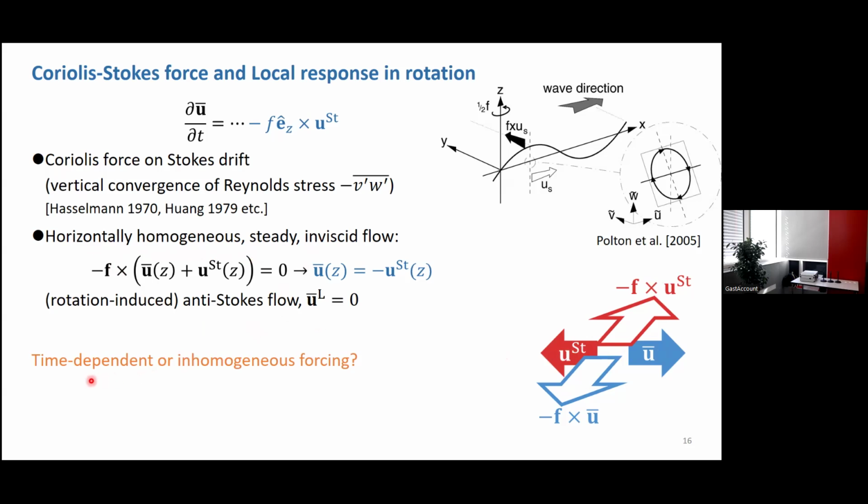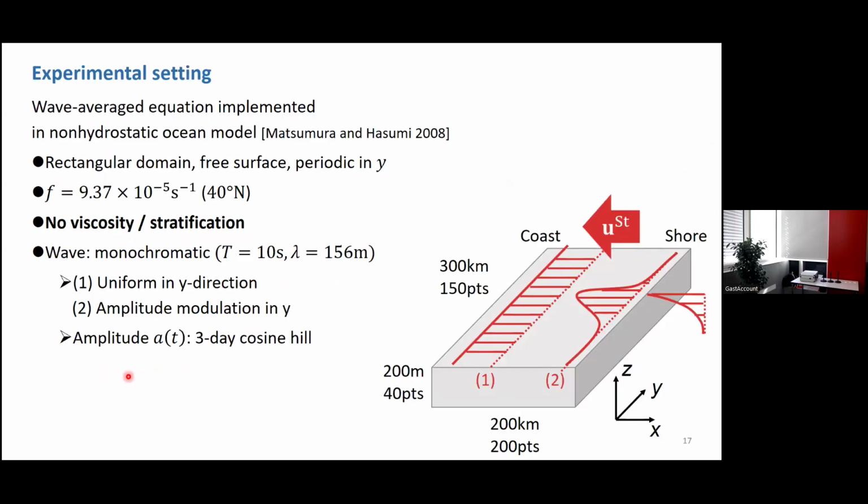But how about the case with time-dependent or inhomogeneous forcing? Let's look into that using wave average simulations. I use a non-hydrostatic ocean model, though it doesn't have to be non-hydrostatic, equipped with wave average terms, and I force the current field with Stokes transport.